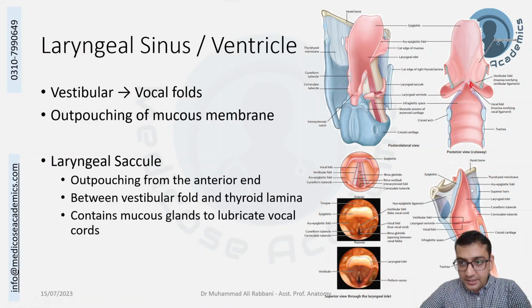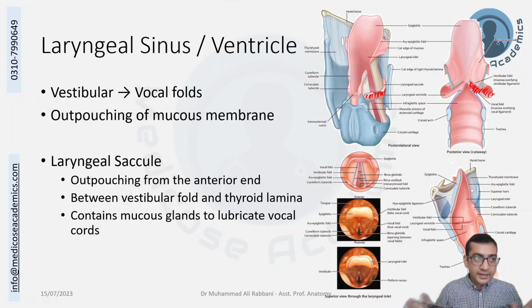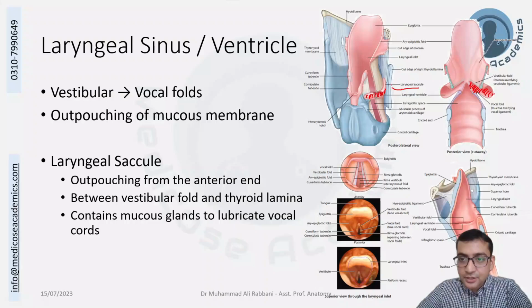This space present between them actually outpouches laterally. This is the ventricular sinus, and after pouching outside it also goes anteriorly. This anterior extension is known as the laryngeal saccule.